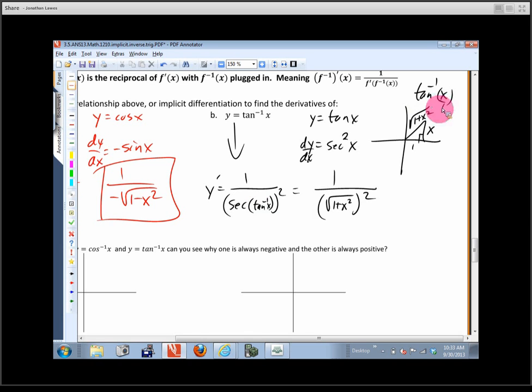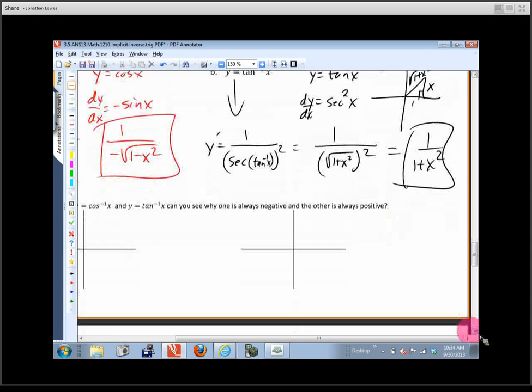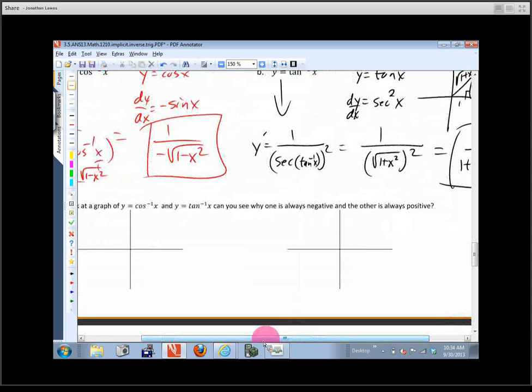Through that picture up here, I need the secant, so that's going to be hypotenuse over adjacent, radical 1 plus x squared, all over 1. And then I'm going to square that, so what's my answer? 1 over 1 plus x squared. Okay? Any questions?